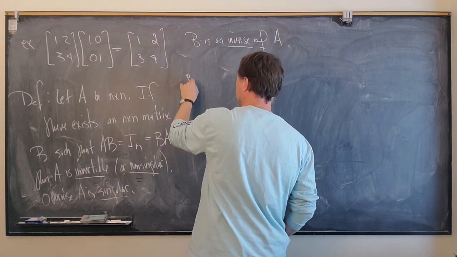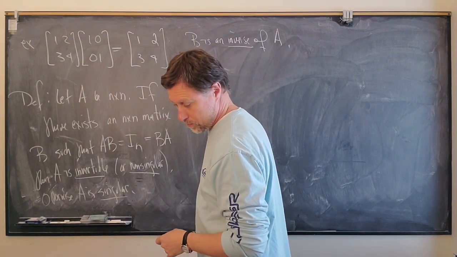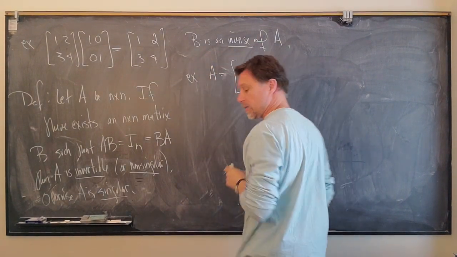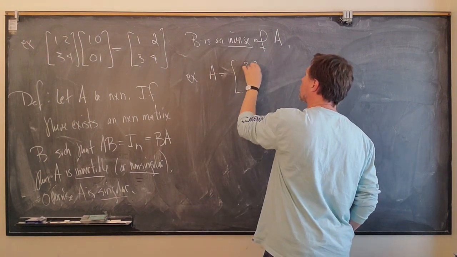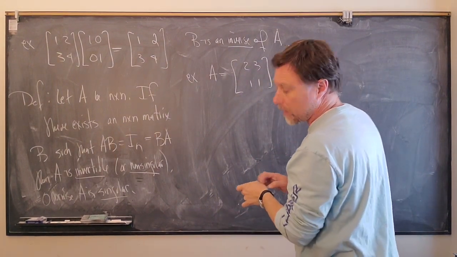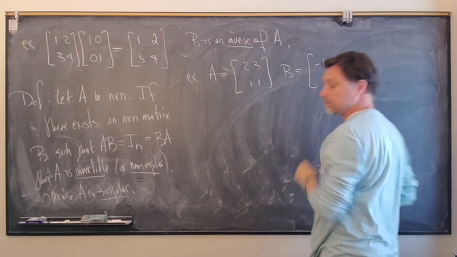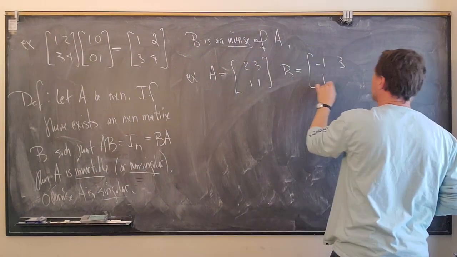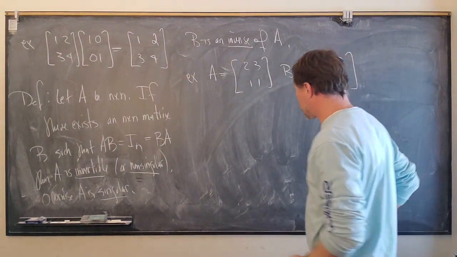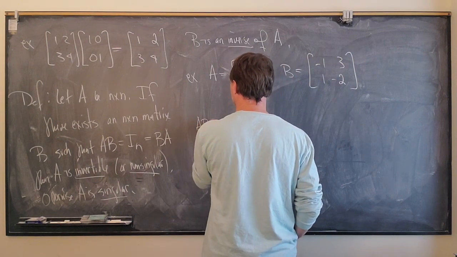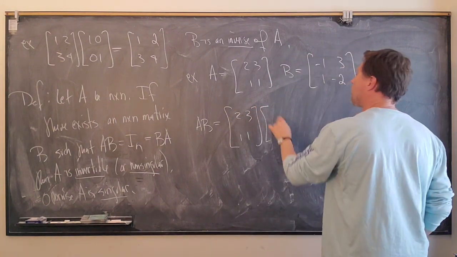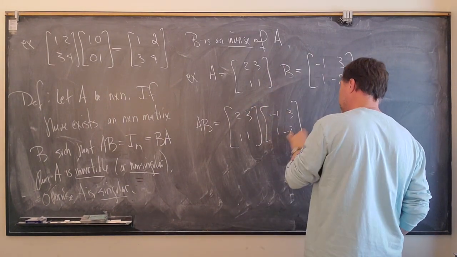So for example, let's say A is this matrix right here, 2, 3, 1, 1, and B is the matrix -1, 3, 1, and -2. Let's just check. If I do A times B, that will be 2, 3, 1, 1 times -1, 3, 1, -2.